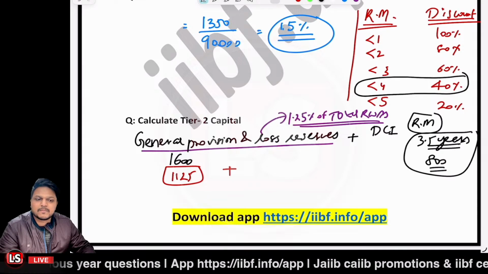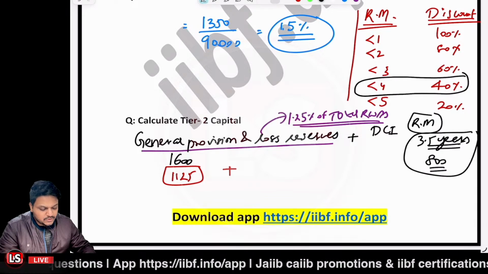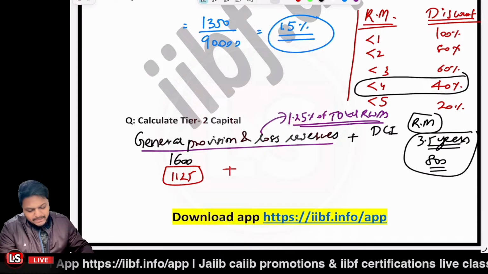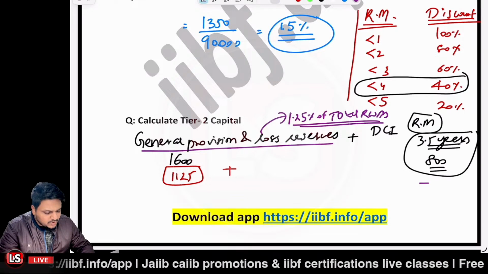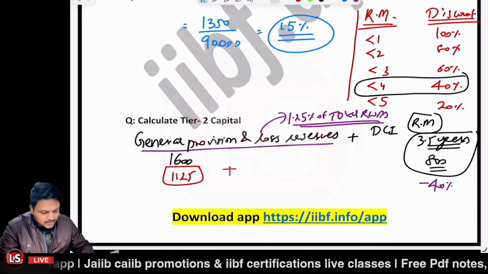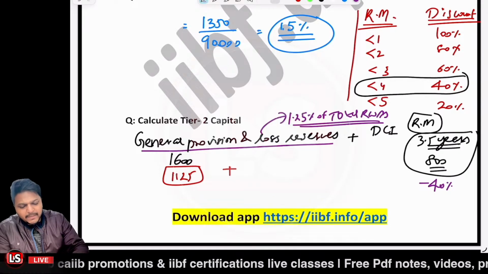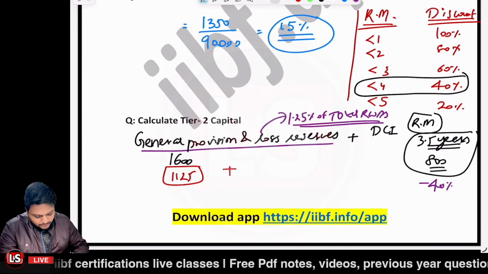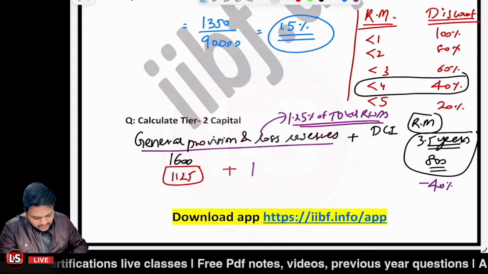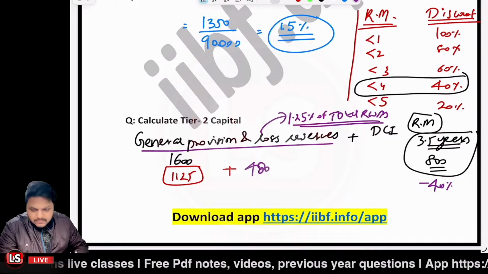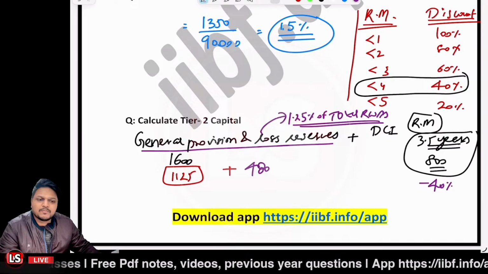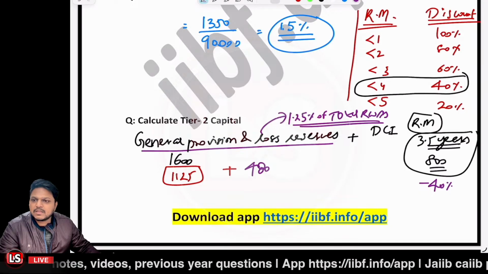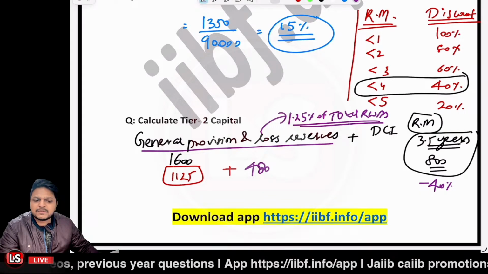So the discount of 40% would be applicable. So we are to deduct the amount of 40% here. So 800 minus 40%, that is 480. So 480 value is to be considered. Is it clear? Please confirm. Is this point clear to you so far?